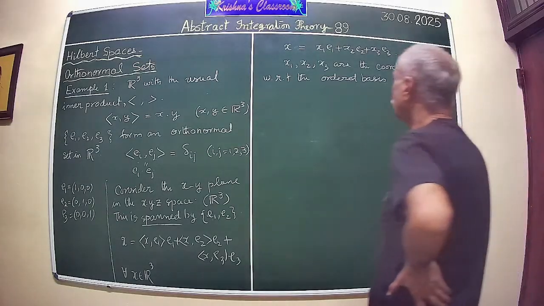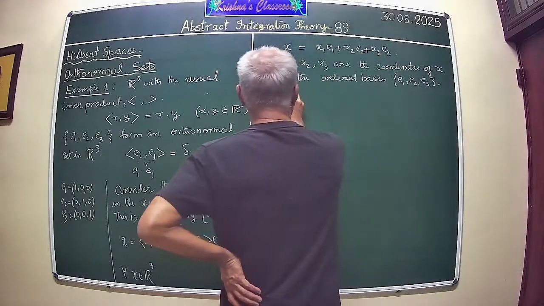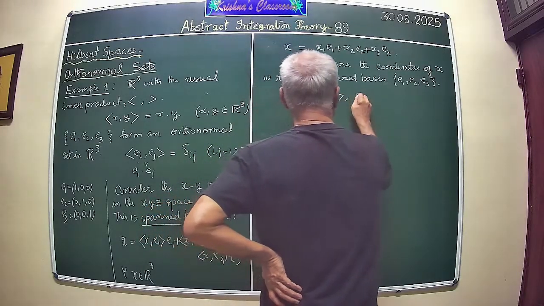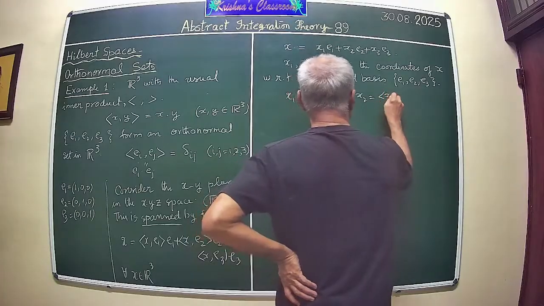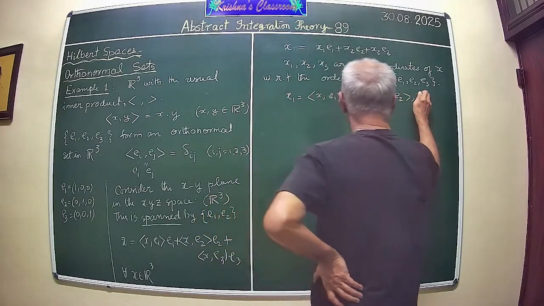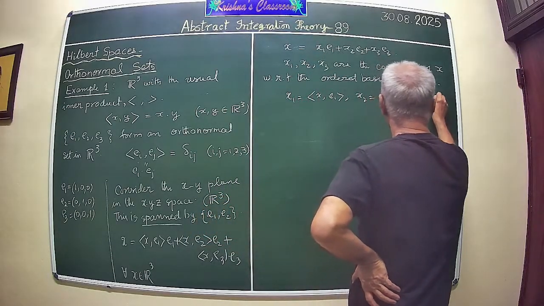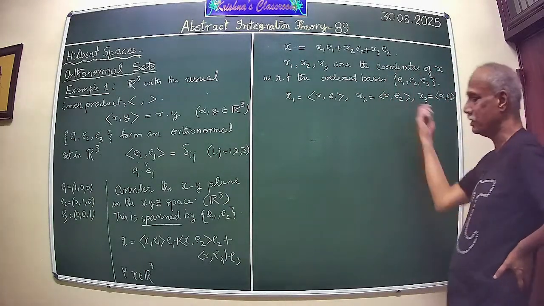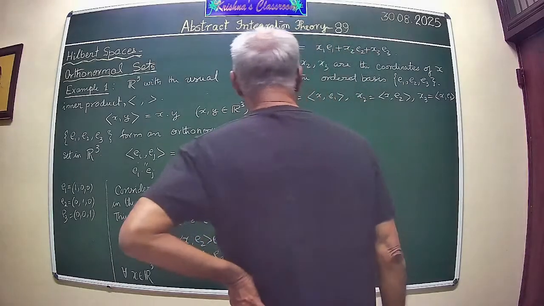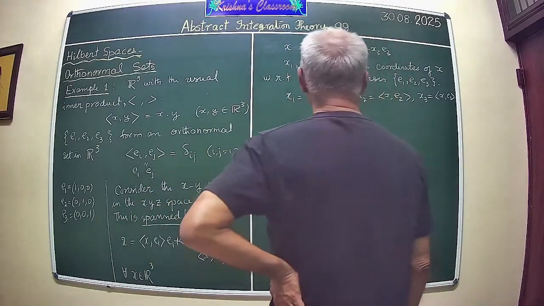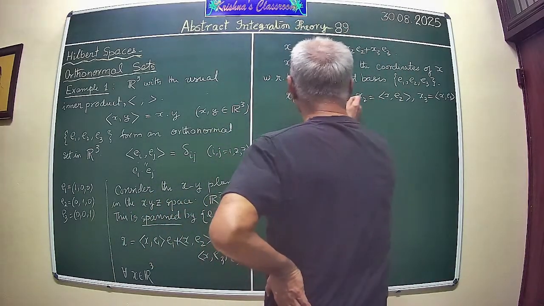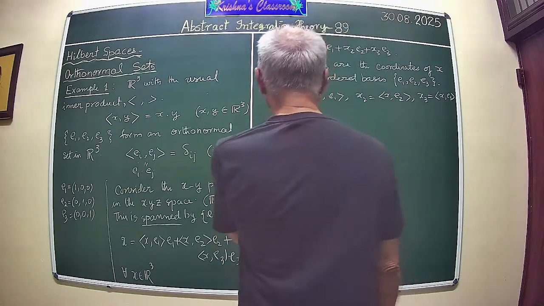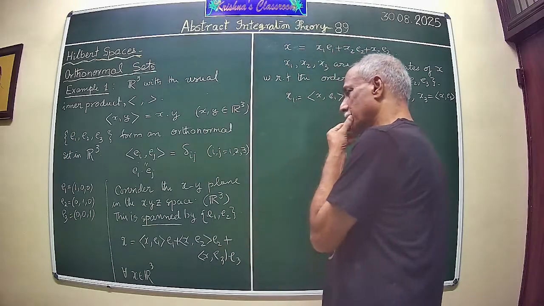Now this is very easy to calculate. You take, so x1 is equal to the inner product of x with E1. This is just taking the dot product. So this is how you have x1, x2, x3, and we will give a very sophisticated name for this for some other reason.